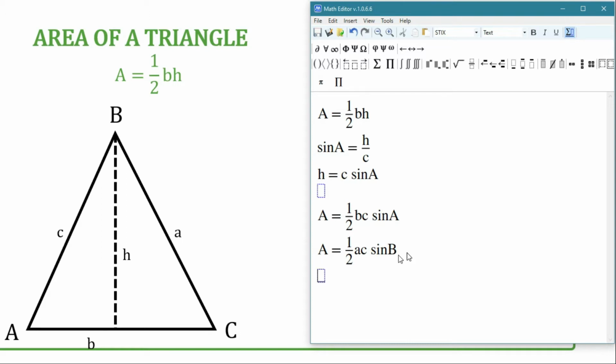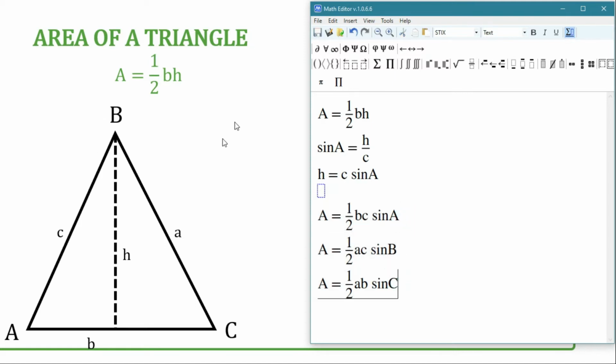And another one is that we have area equals 1/2 multiplied by AB times the sine of C. So any of the three here, we can use in getting the area of a triangle, particularly if we are given two sides and an included angle.